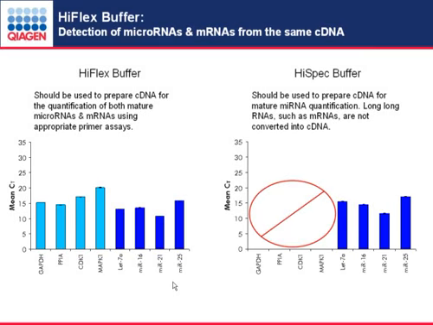On the other hand, HiSpec buffer does not permit the reverse transcription of any longer RNAs, such as mRNAs, into cDNA. In the same experiment performed using HiSpec buffer, you can see that the mRNAs are not reverse transcribed, while the microRNAs are still reverse transcribed.